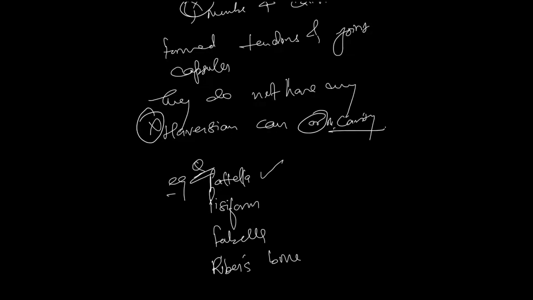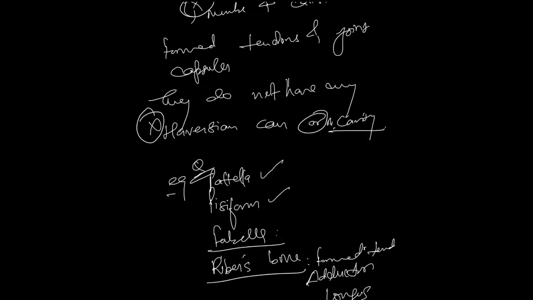You must have heard about patella and pisiform, but what is this fabella? What is this rider's bone? This is formed in the tendon of adductor longus.